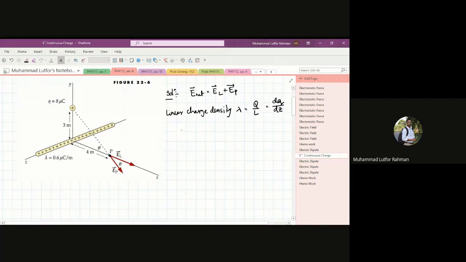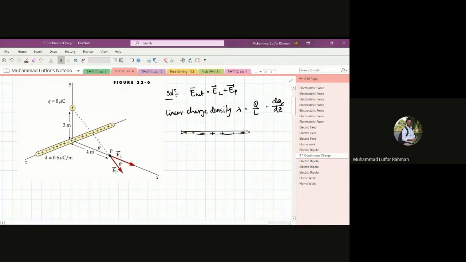My idea for finding the continuous charge distribution is this: say I have a rod, and in this rod the charges are homogeneously distributed throughout.